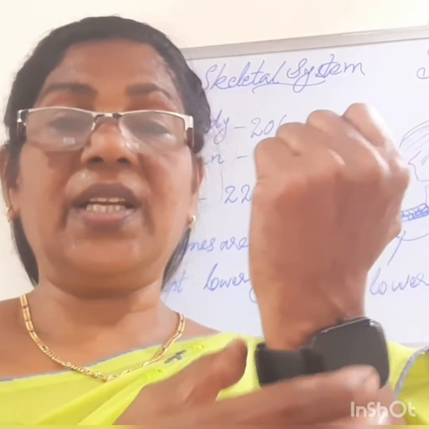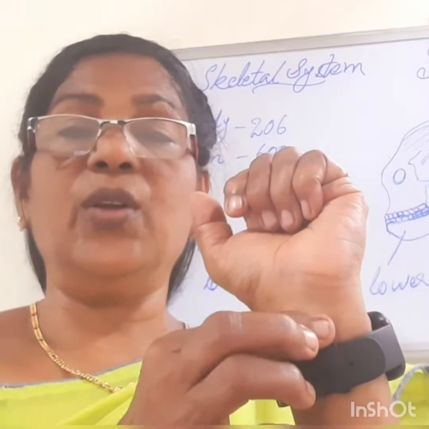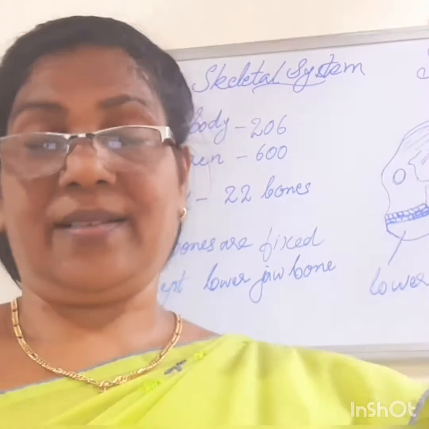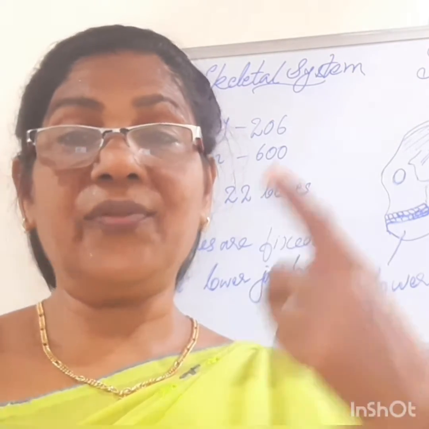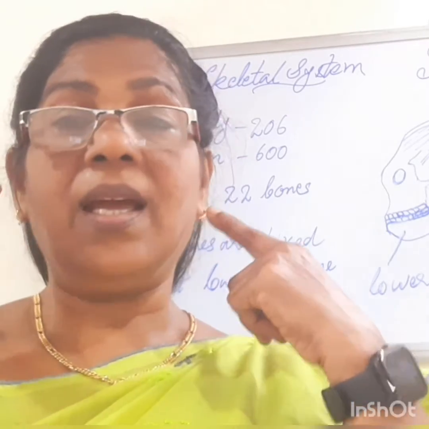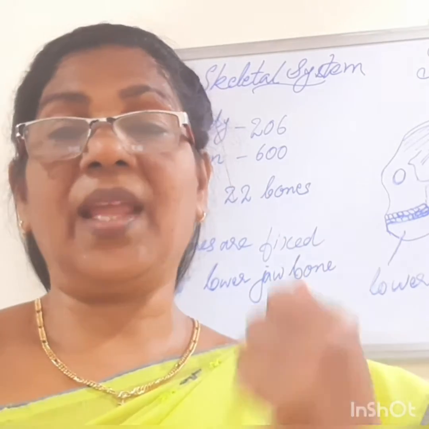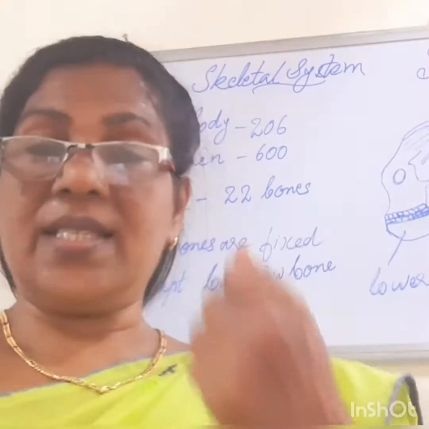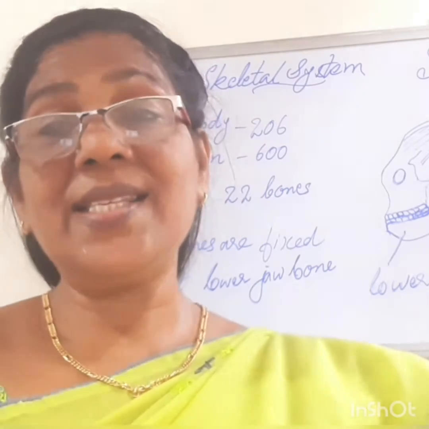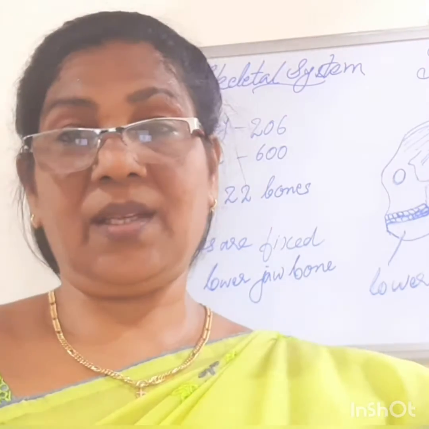Again, if you touch the wrist of your hand, what do you feel? You feel it is harder. Of the three, the lower part of your earlobe, the upper part of your earlobe, and your wrist, the wrist is the hardest part of our body.